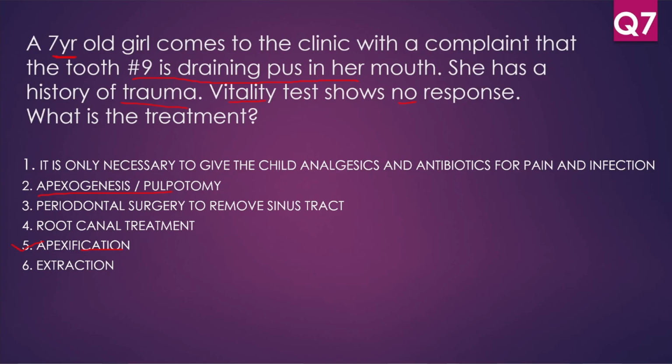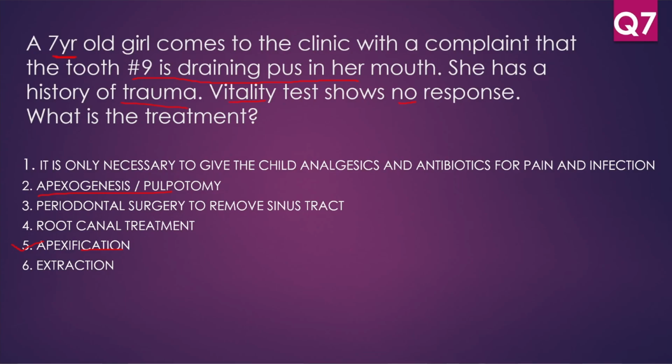You would have to do apexification because the root apex of a 7-year-old girl for number 9 has not completely formed. And you cannot leave the infected pulp tissue in there to form the rest of the root tip. So what do you do? You remove all of the pulp tissue and you put some MTA, and that way it just closes the apex with a hard substance formed at the apex.